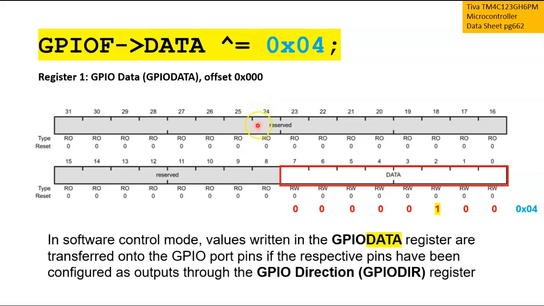In this example, this value, which is 04 hex, in binary is 0, 0, 0, 0, 0, 1, 0, 0. Using this instruction, this operator will toggle this bit here, which is bit 2 of the register.